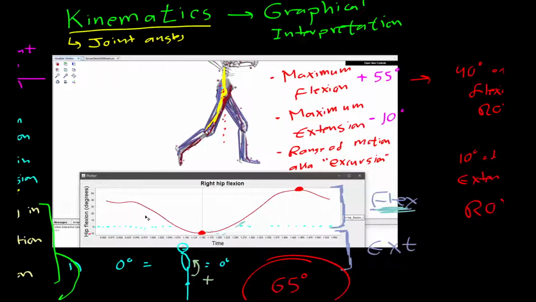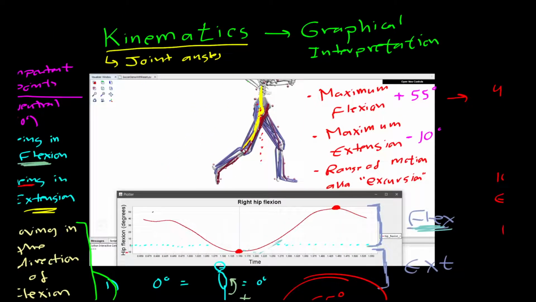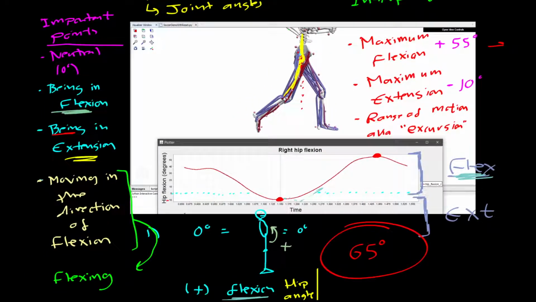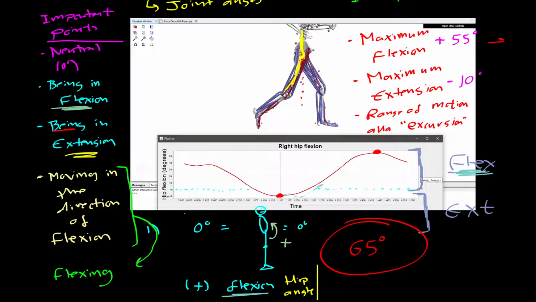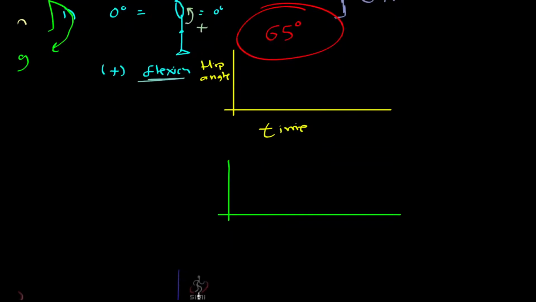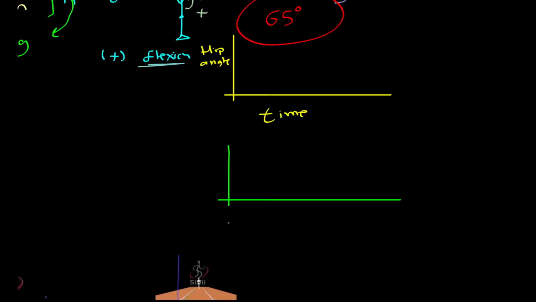So hopefully you found this graphical interpretation of kinematics a relatively straightforward idea. It is super useful because we can not only look at one joint, but eventually later in this class we'll maybe plot hip angle and knee angle and ankle angle as a function of time.